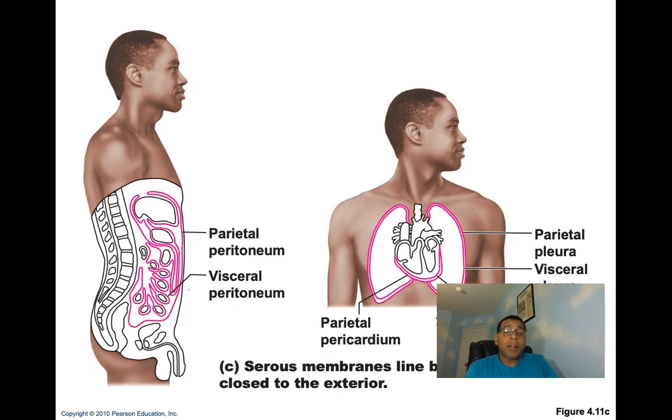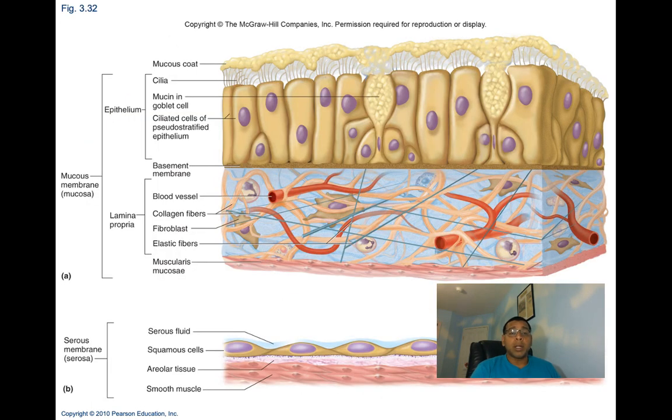Parietal peritoneum, visceral peritoneum; parietal pericardium, visceral pericardium; parietal pleura, visceral pleura. And the tissue type is simple squamous epithelium. We got even more specific, we called it mesothelium. And it's all going to be found resting on areolar connective tissue. You can see that right down here. And then up here, we've got mucous membranes.